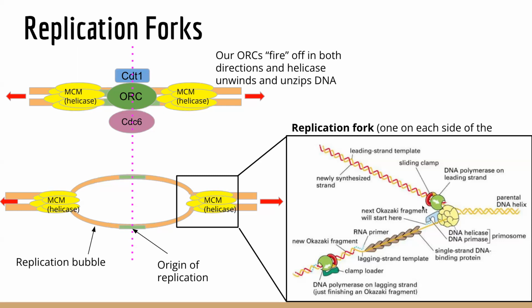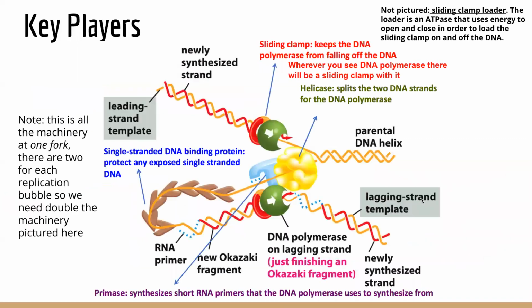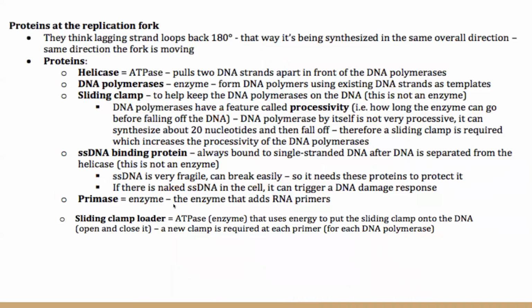Yep, red is the parental strand. And then this is the same thing, just talking about the sliding clamp, helicase, and sliding clamp loaders in this picture. Also, when single-stranded DNA is exposed but not being replicated just yet, there's a single-stranded DNA binding protein, which will protect any exposed single-stranded DNA, as shown here.